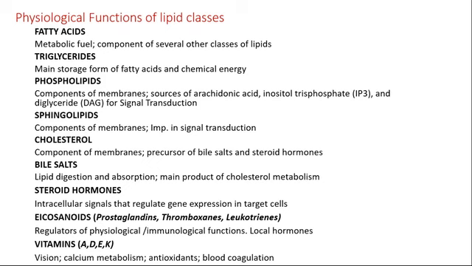When we do nutrition, we will see that you can break down the fatty acids into acetyl-CoA, and acetyl-CoA will then go into the Krebs cycle and form ATP, which is the fuel for the body.